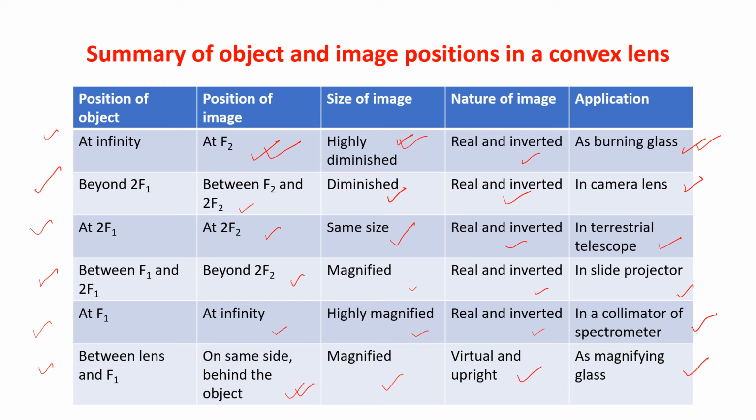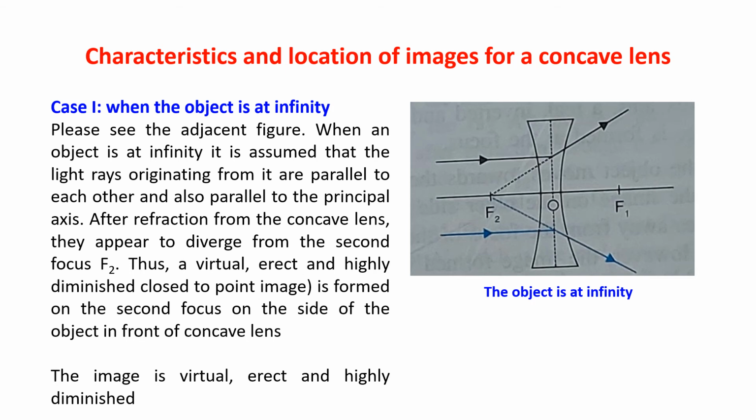Okay, children. Now we will see the formation of the image for a concave lens. Case 1, when the object is at infinity. When the object is placed at infinity for a concave lens, here also we will consider some parallel rays.